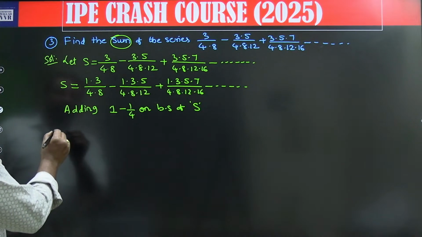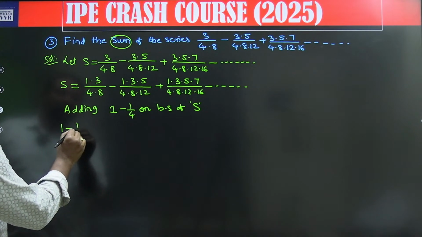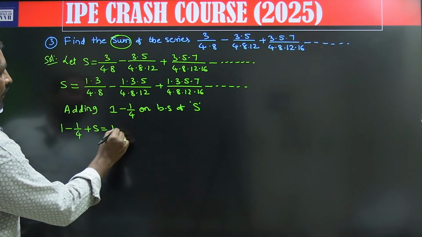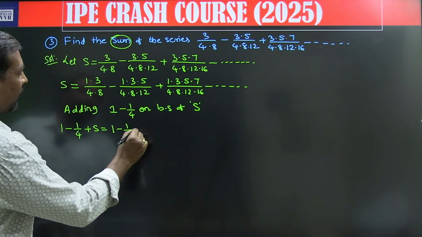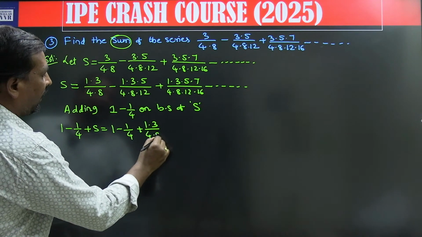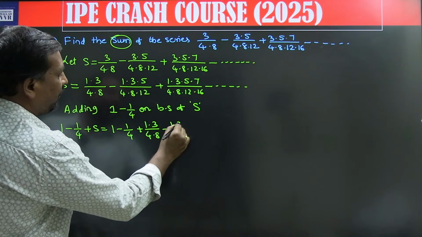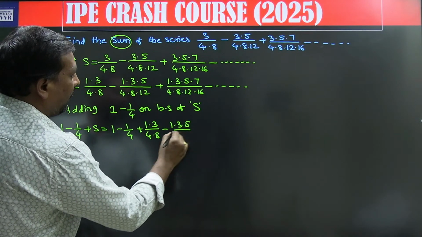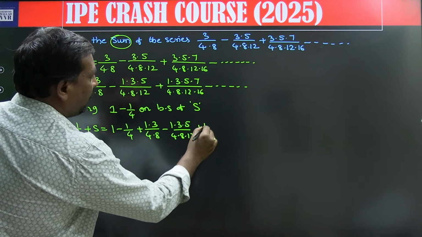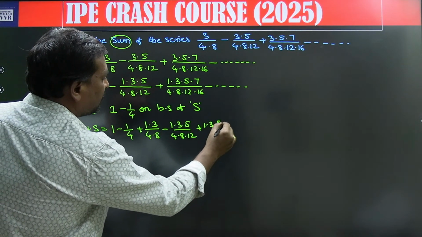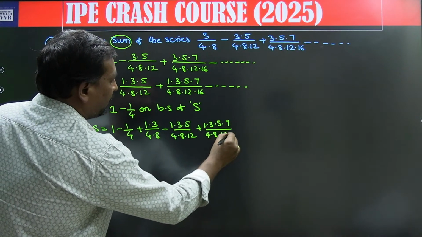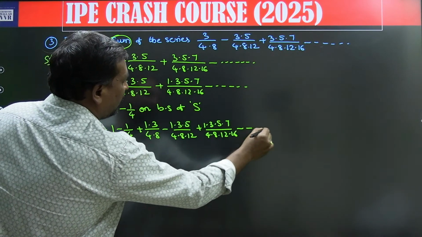So 1 minus 1 by 4 plus S is equals to 1 minus 1 by 4 plus 1 into 3 by 4 into 8 minus 1 into 3 into 5 by 4 into 8 into 12 plus 1 into 3 into 5 into 7 by 4 into 8 into 12 into 16 minus and so on.